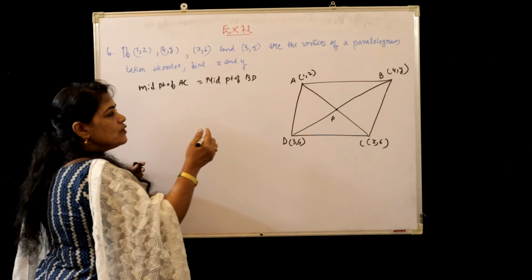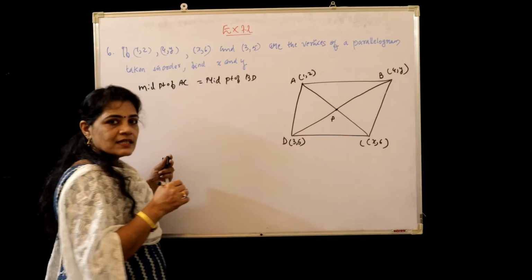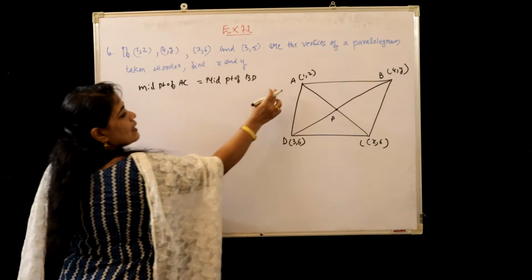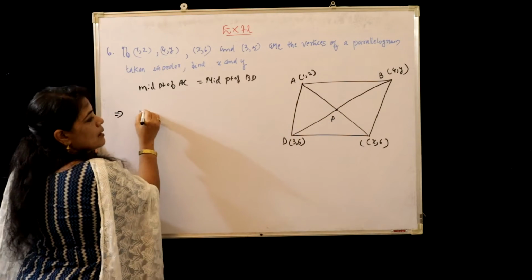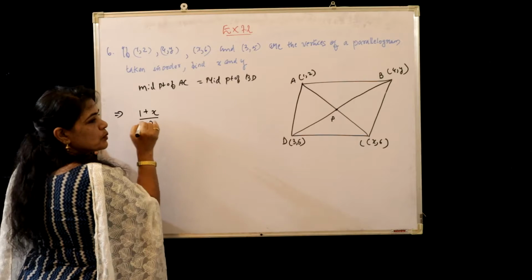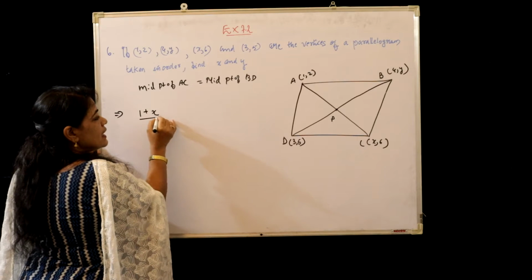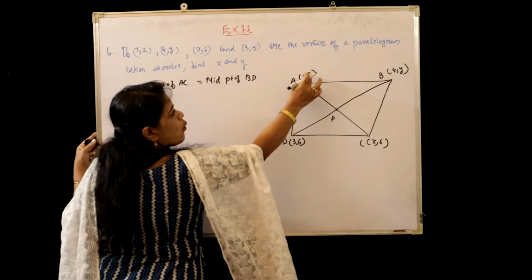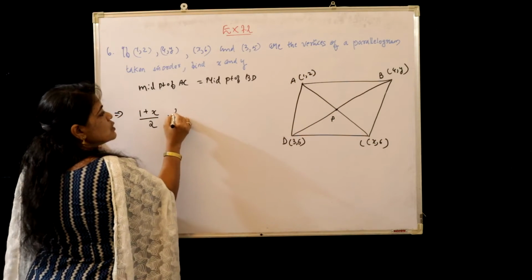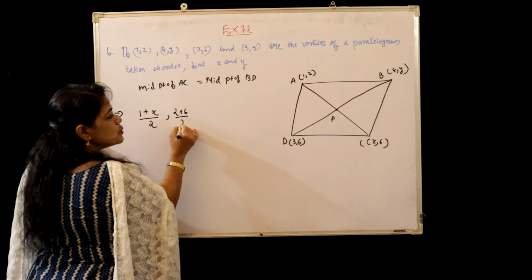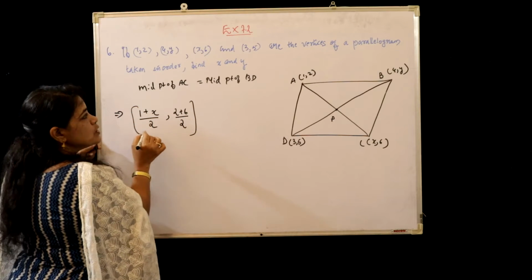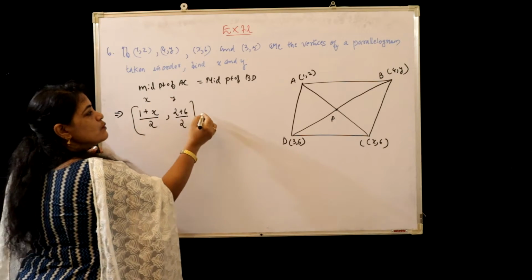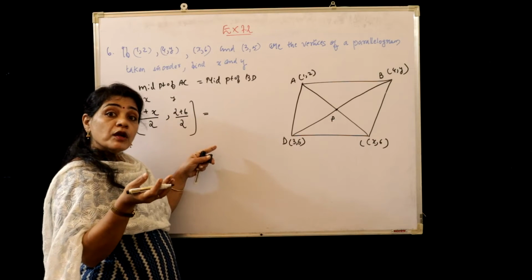That is, here if we need this point, its coordinates are x1 plus x2 by 2. That means here in AC, x1 is 1 plus x by 2, and the y of the midpoint is y1 plus y2 by 2, that is 2 plus 6 by 2. This is the midpoint of AC. So this is the x and y coordinate, and this will be equal to the midpoint of BD.